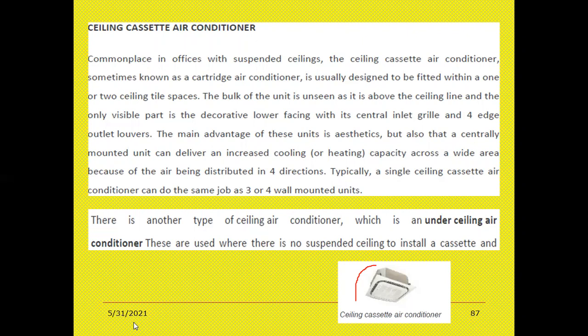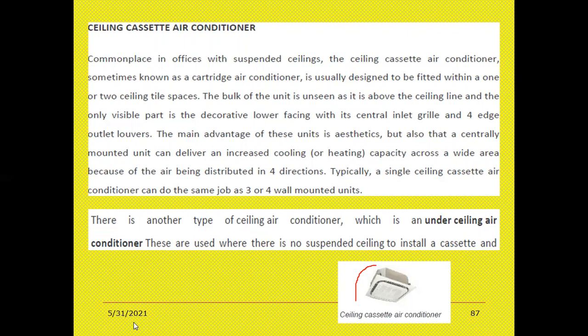Whenever you are thinking of this cartridge type of air conditioning system, due to the design of this system, the air is lifted vertically. So the cassette type will occupy all the space below it, and whenever you switch on, whenever the process is going on, it will suck the air vertically and discharge the air horizontally.